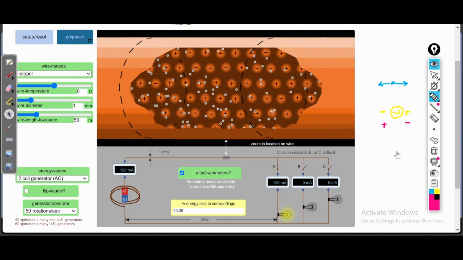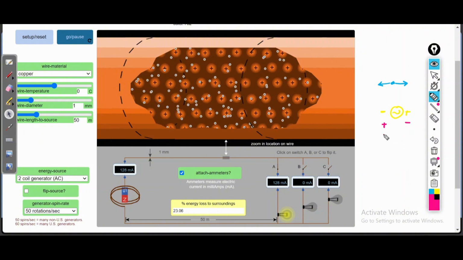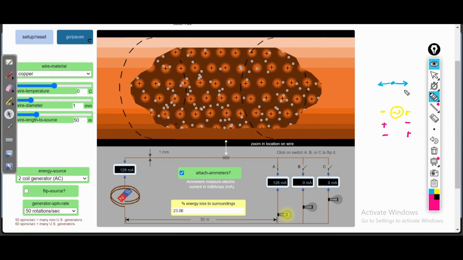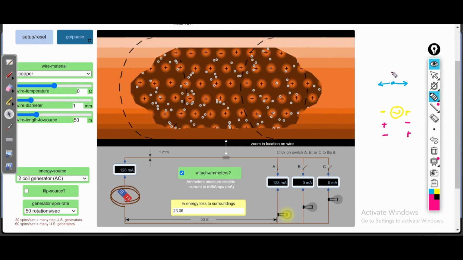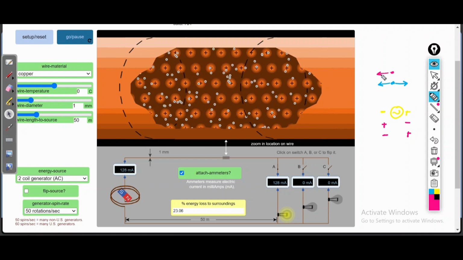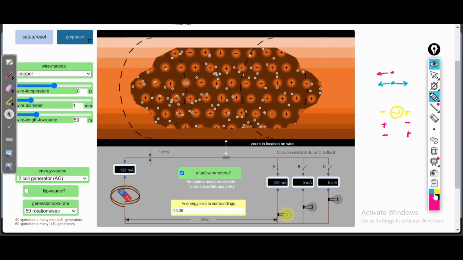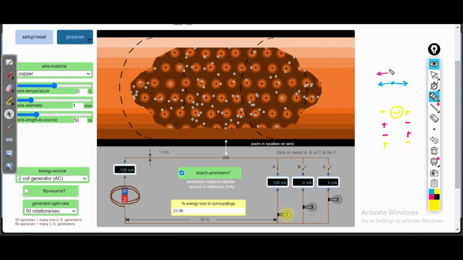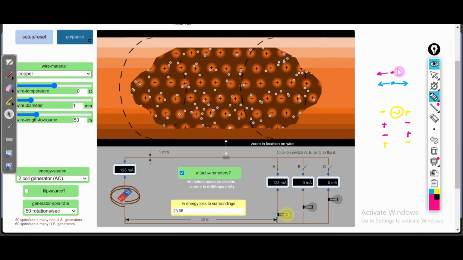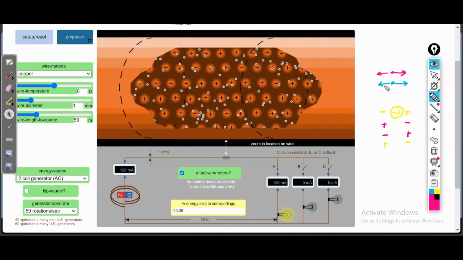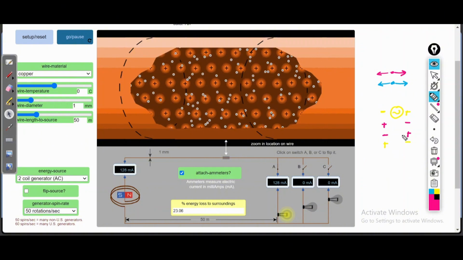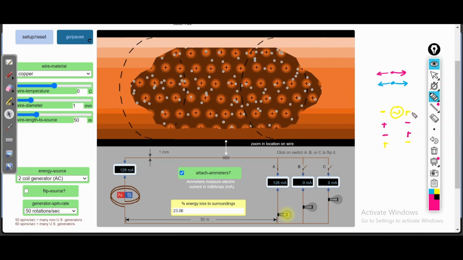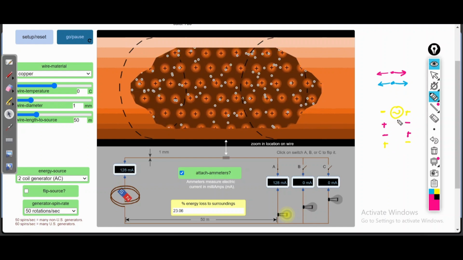If this direction is flipped again, if this becomes negative and this becomes positive, the same electron will again flow in this direction. And if this becomes positive and this becomes negative, that same electron will now flow in this direction. In this way, in the alternating current, the polarity is changing many times, about 50 times in a second.